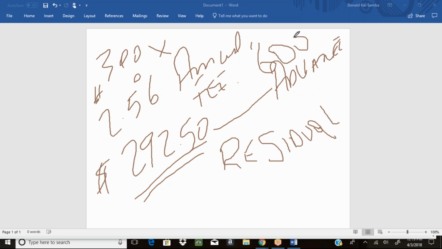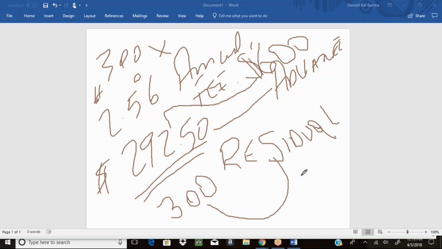So $600 is what you should have received. The company advanced you $292.50. It's guaranteed issue. They don't know whether the client is going to make it or not. Now the rest, $300, goes into your residual bank.